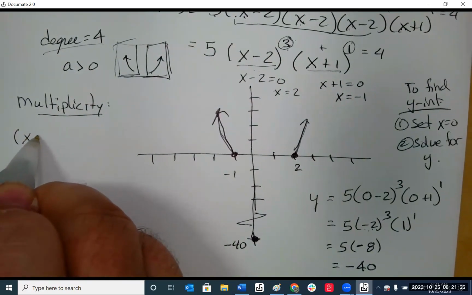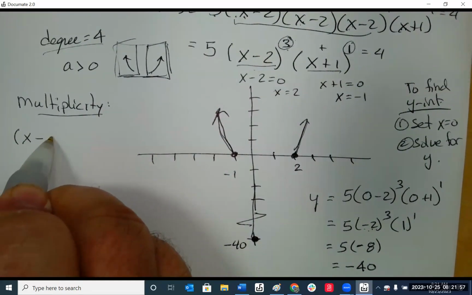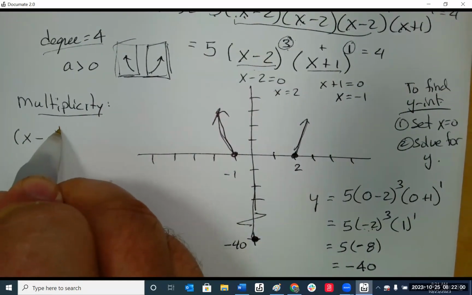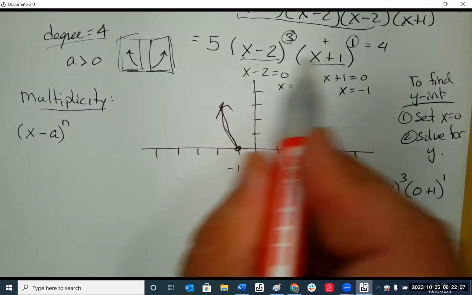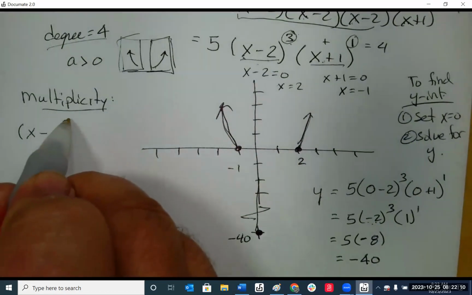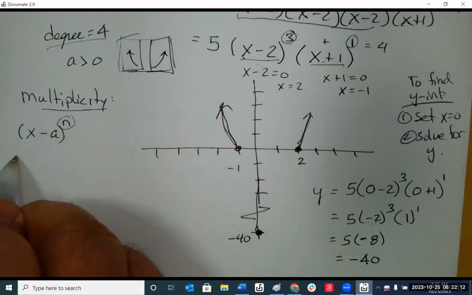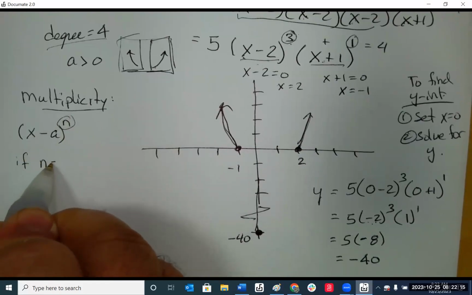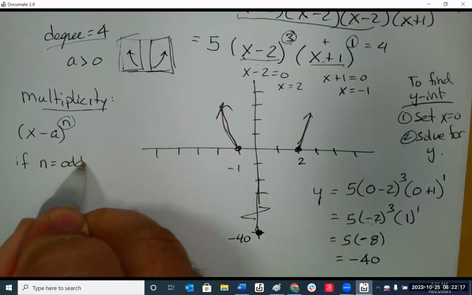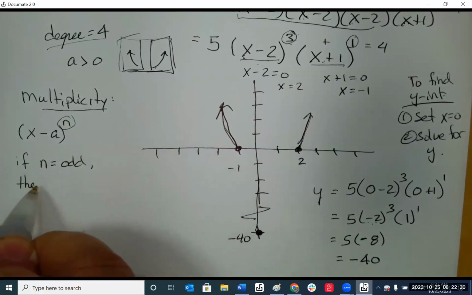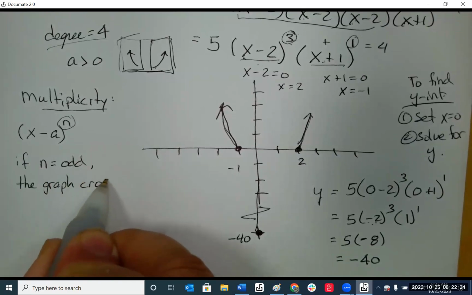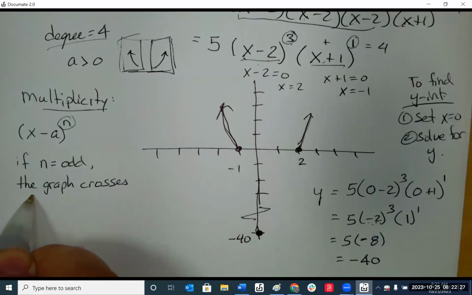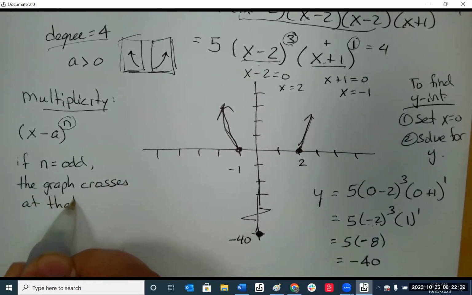Whenever you find the factors of your polynomial, whatever the n is, if n is odd, the graph crosses at that point.